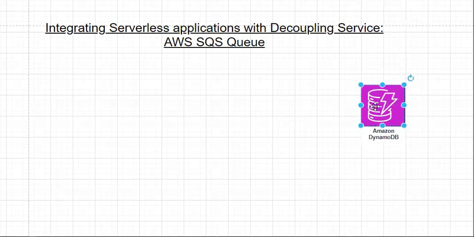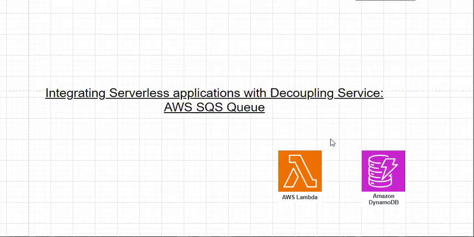I'll store that data inside this DynamoDB. Before storing that data, I also process that data. To process that data, I'm using a Lambda function.